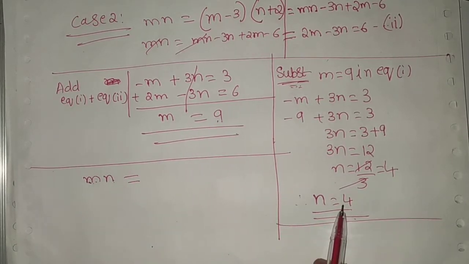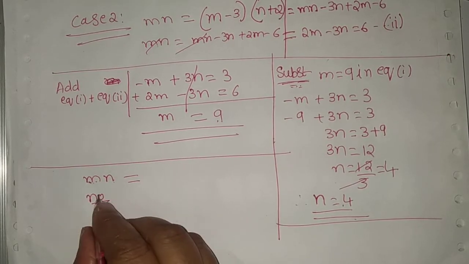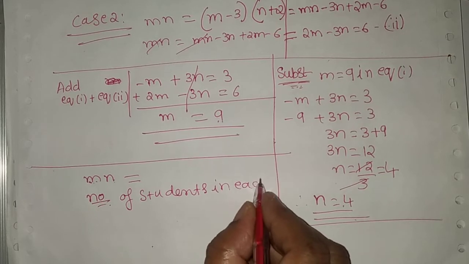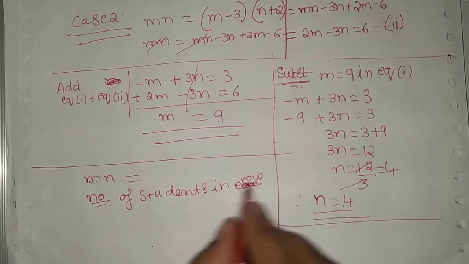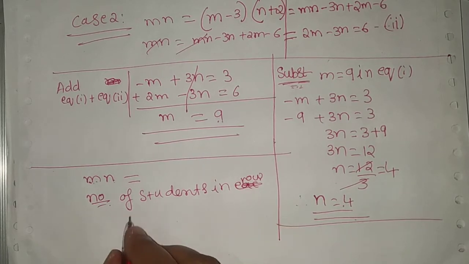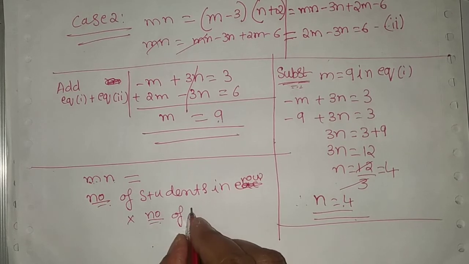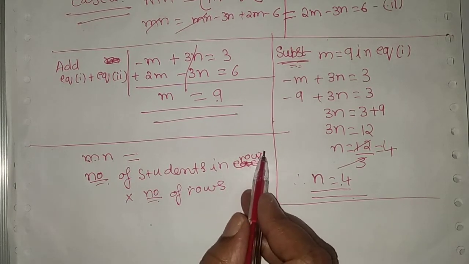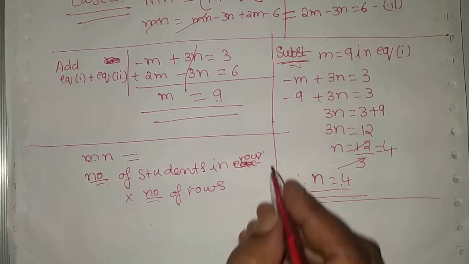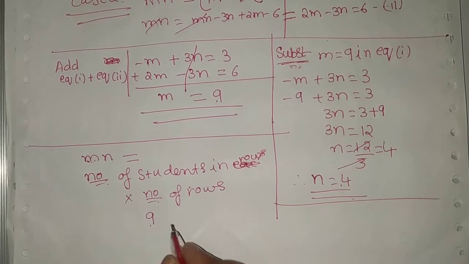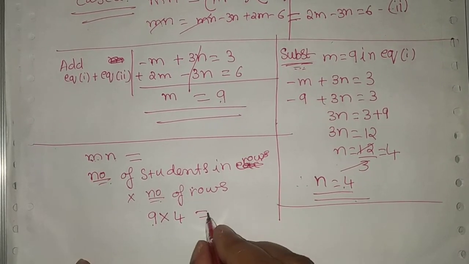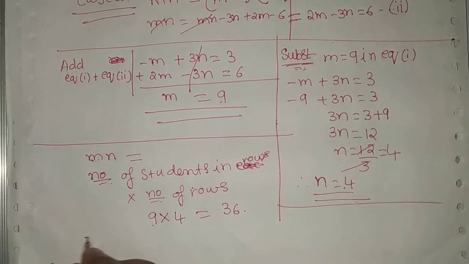And n is the number of rows. So we multiply the number of students in each row into the number of rows, which is 9 into 4, with the number of rows being 4. 9 into 4 is equal to 36, which is the total number of students.